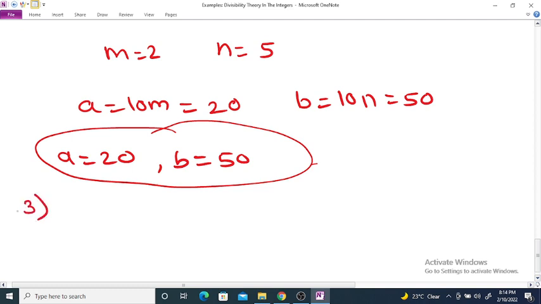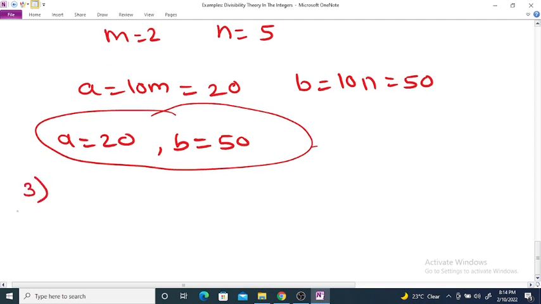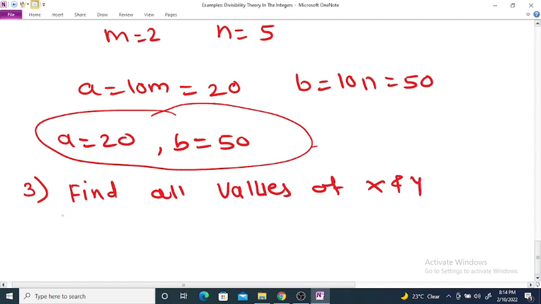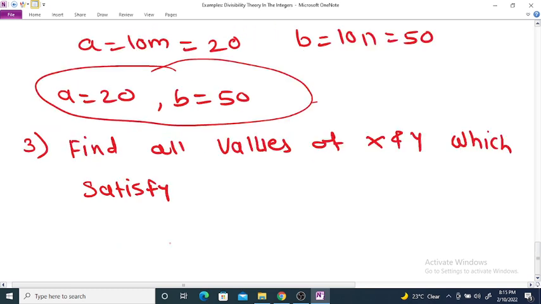Example number 3. Find all values of x and y which satisfy 243x plus 198y is equal to 9.